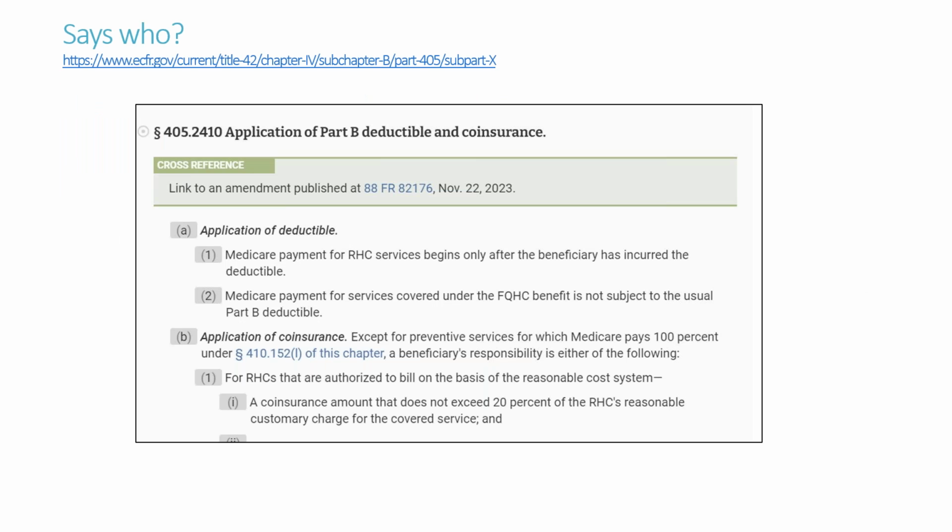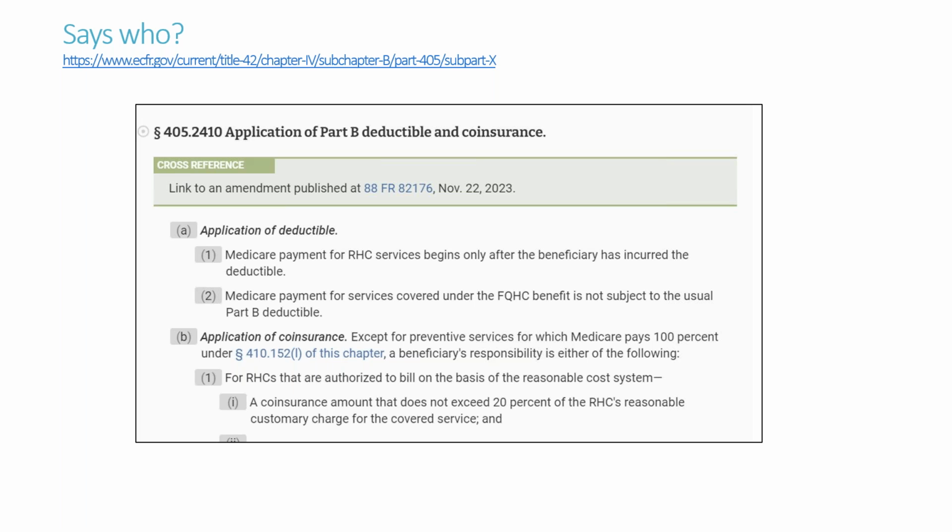So somebody asked me on a webinar that I did for the state of Oregon earlier this week, well, who came up with this crazy payment system? Who came up with this crazy deductible and coinsurance methodology? And it came straight out of the Federal Register, the federal code that started RHCs.